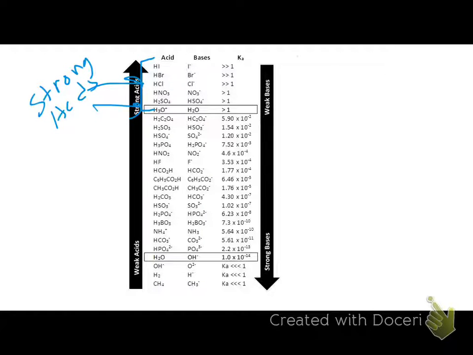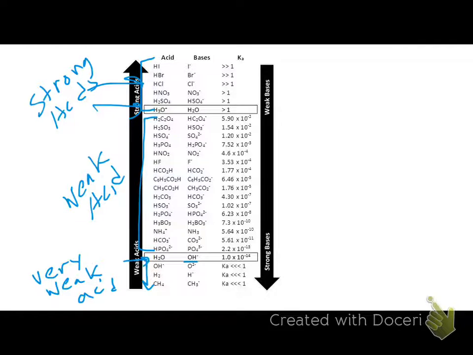All right, and down at the bottom here we have water. Okay, and of course water's conjugate base is going to be the hydroxide. Anything below this is going to be very weak acids. Okay, and so in the middle, between water and the hydronium ion, are going to be our weak acids.